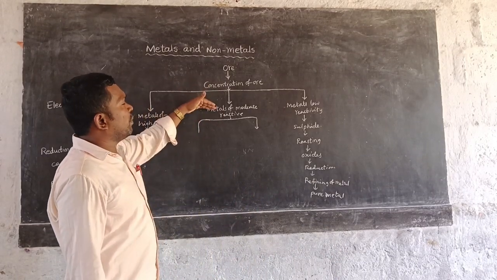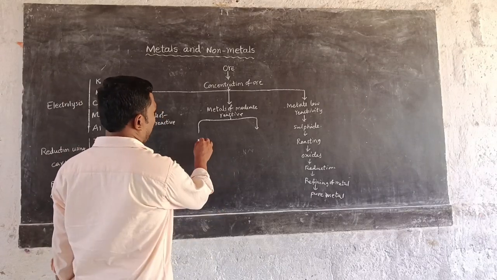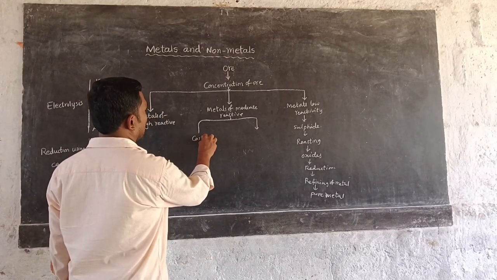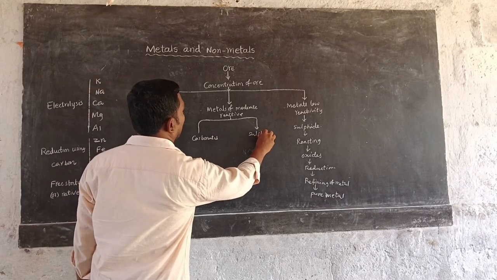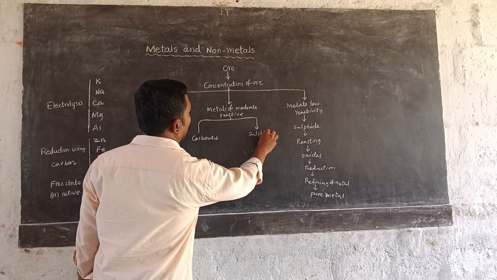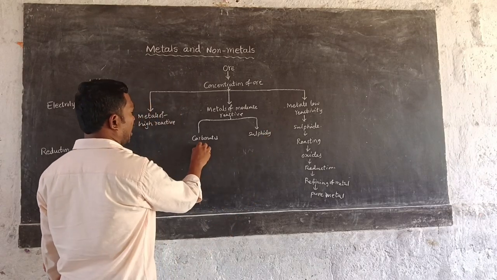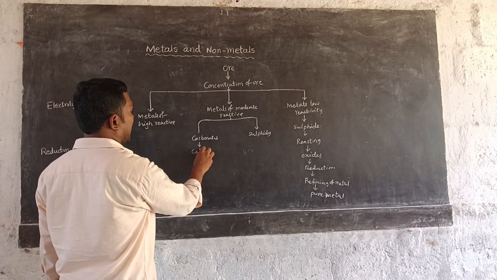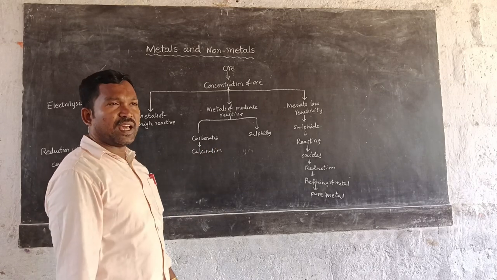Next, metals of moderate reactivity. Moderate reactive metals are available as carbonates and sulfides. On carbonate ore we apply the calcination process.